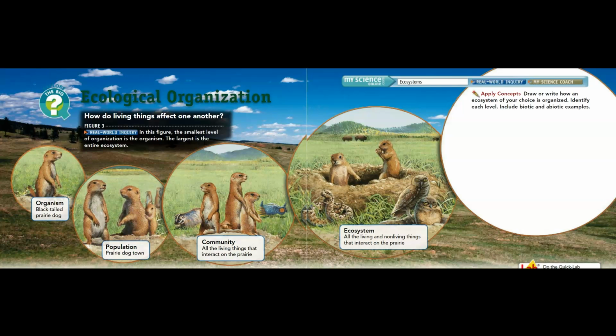The crabs, clams, seaweed, and gulls make a community. In addition to the living things, the sand, ocean water, and sunlight make up the ecosystem. So on your worksheet, talk to me about how your choice of ecosystem is organized.